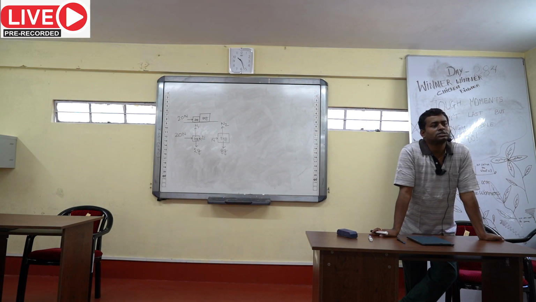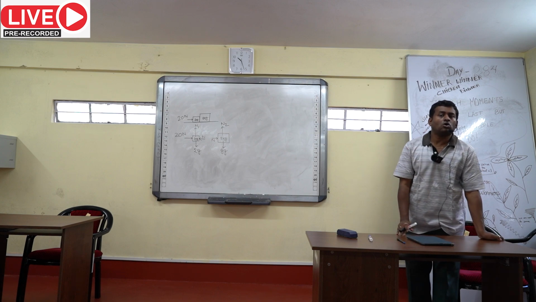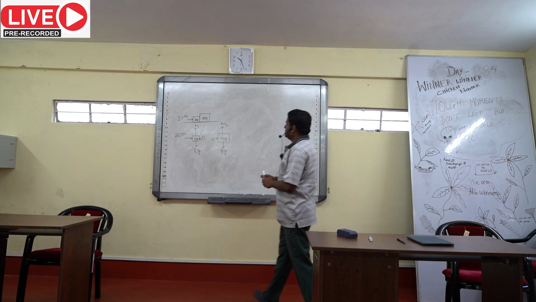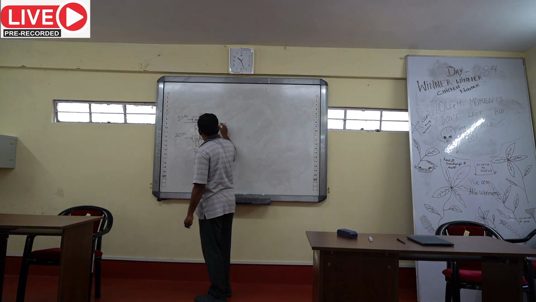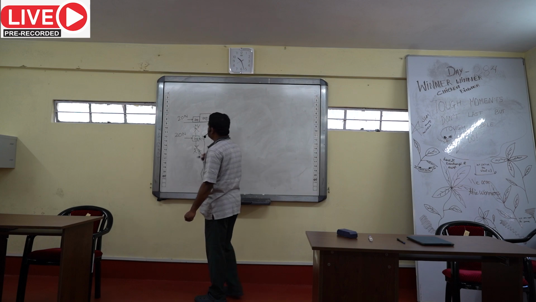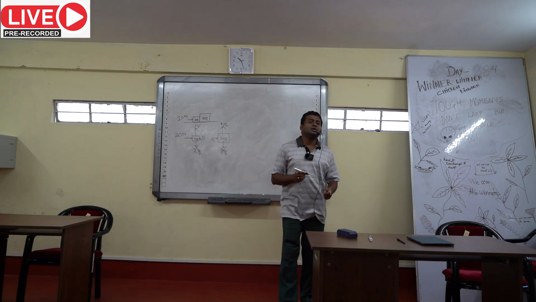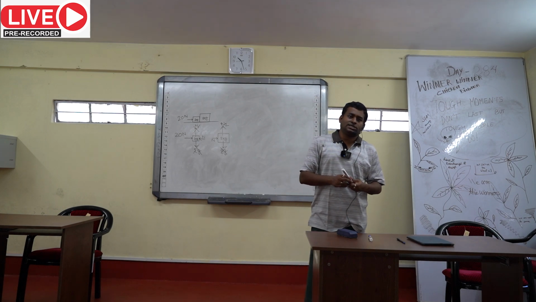So neither of the blocks can move in vertical direction. So vertical forces are no more required to solve this problem. So though I drew all the forces, now you can leave these forces because they are not at all in the direction of acceleration.